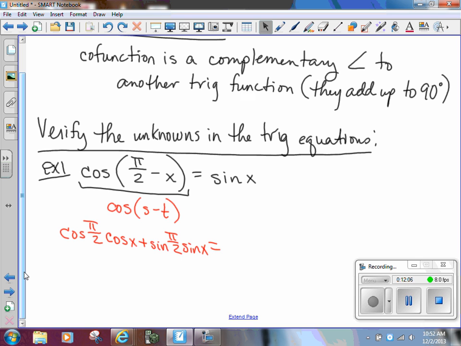What's cosine of pi over 2? What is pi over 2, by the way? One more time, 90 degrees. Pi over 2 is here. What's that ordered pair? 0, 1. What's cosine of pi over 2? 0 times cosine x plus, what's the sine of pi over 2, times sine of x.